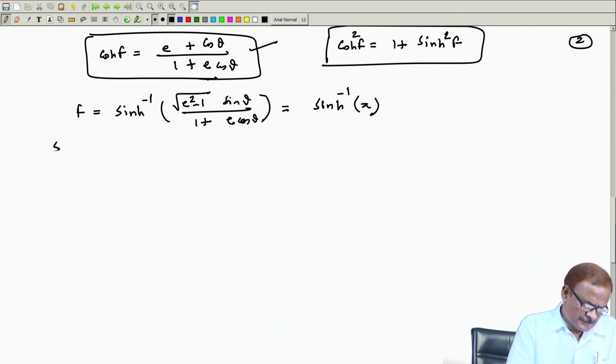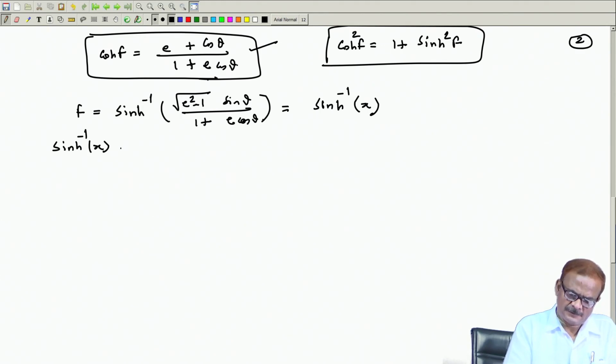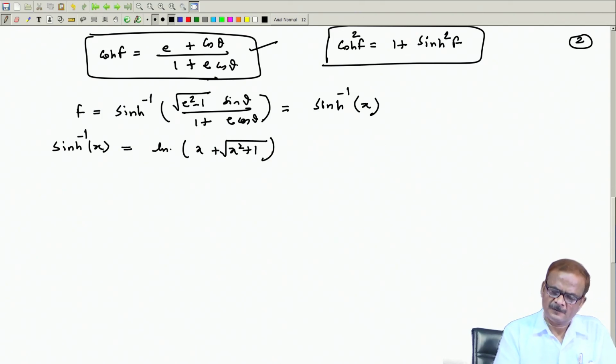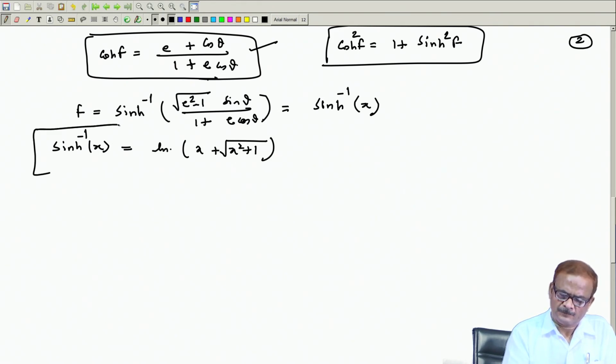So, there is one standard equation from the text: sinh inverse x can be written as follows. We will prove this later; for the time being, we take it for granted.